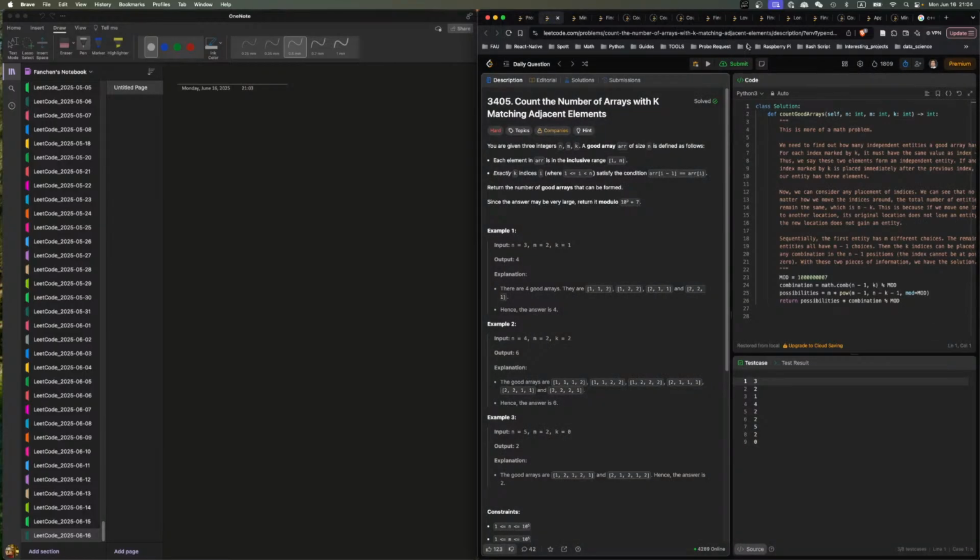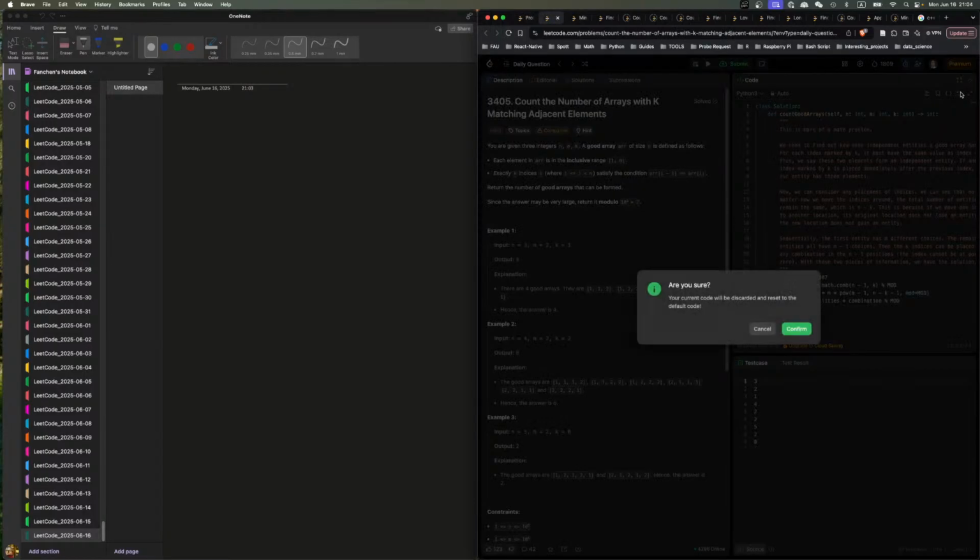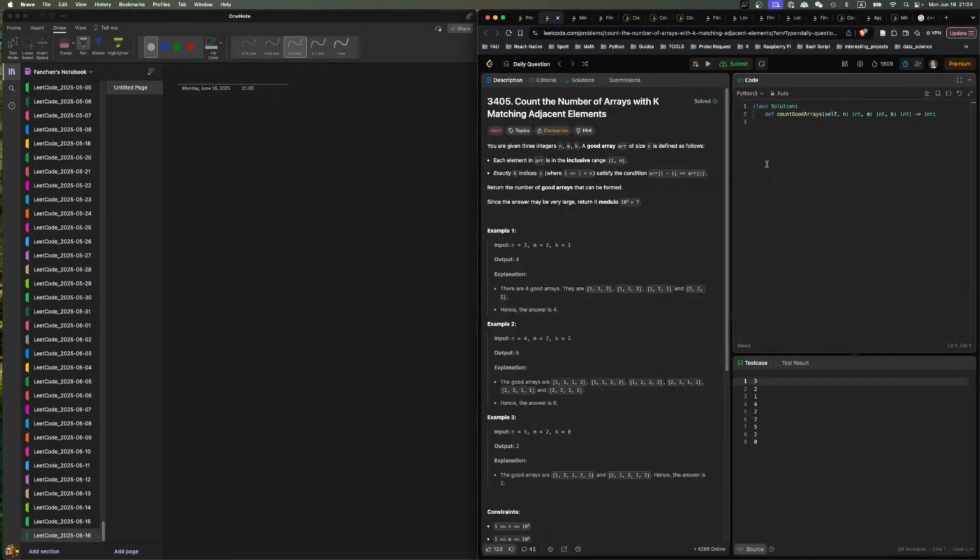Count the number of arrays with k matching adjacent elements. Count the number of arrays with k matching adjacent elements. You're given three integers, n, m, k.